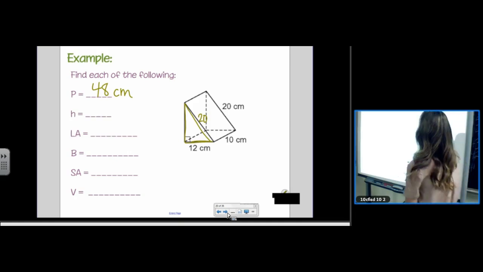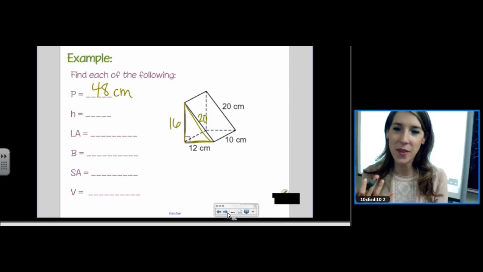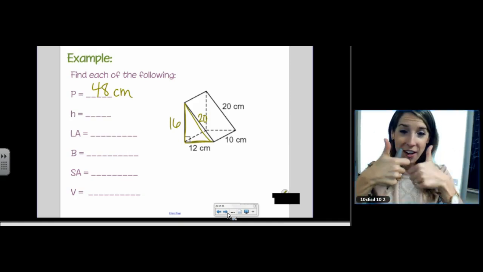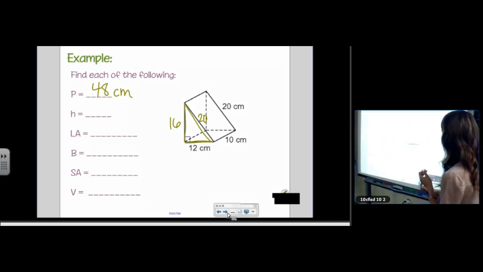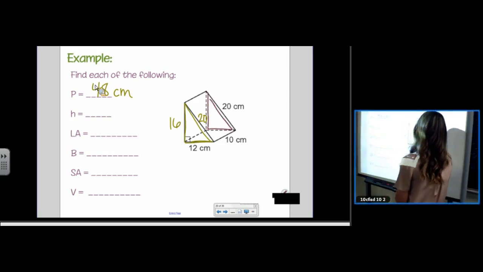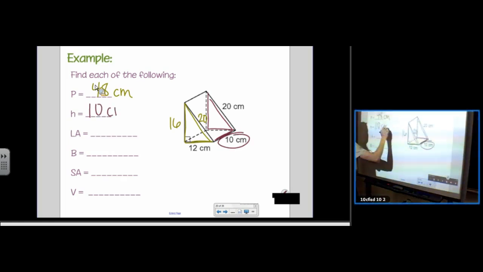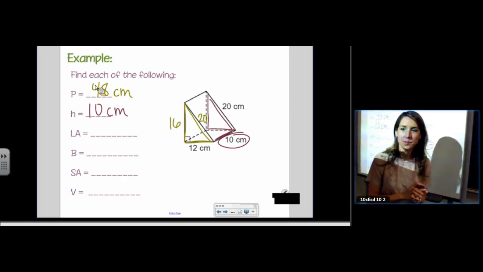And we found that the missing side was 16, because Ms. Tanton is so nice to us and made it a Pythagorean triple and not a radical. You're welcome. The height of our prism is whatever segment connects our base to our base. So we are lucky our height is a nice pretty 10.